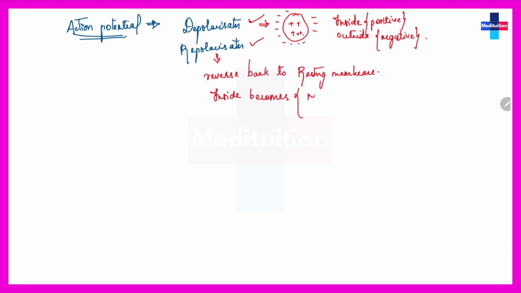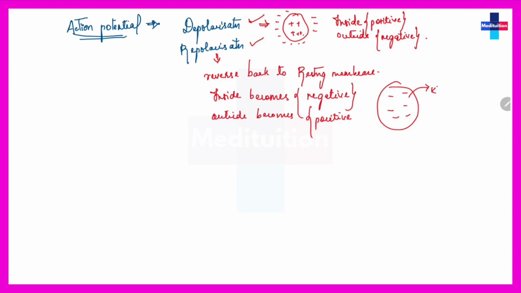We know what happens in the resting membrane potential. Inside it becomes negative, and outside of the cell it becomes positive. That is important: inside it becomes more negative, as K plus has effluxed, so outside becomes more positive.